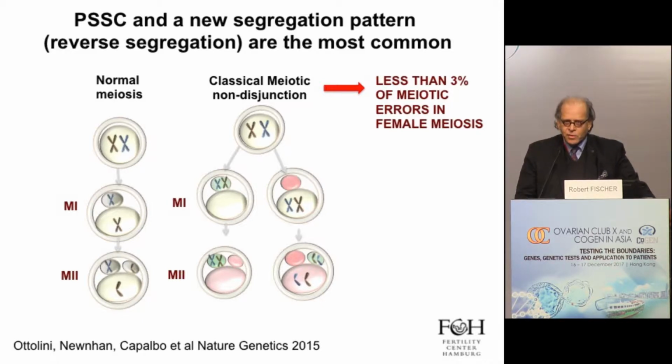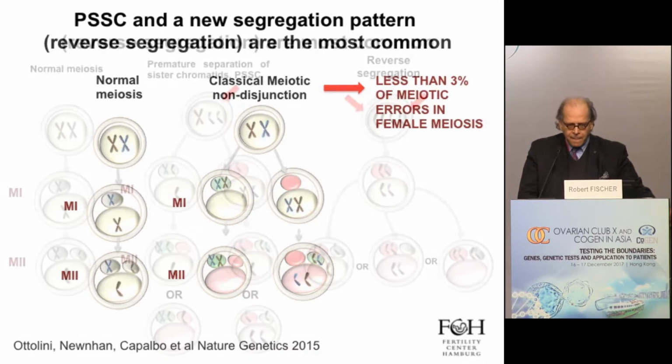Either you lose both chromosomes into the polar body, or you keep both chromosomes in the nucleus, and then there are two possibilities after that to correct the situation. Either you lose both chromosomes into the next polar body, or you are left with two chromatids. But this way of non-disjunction in the first meiosis occurs only in about 3% of the cases.